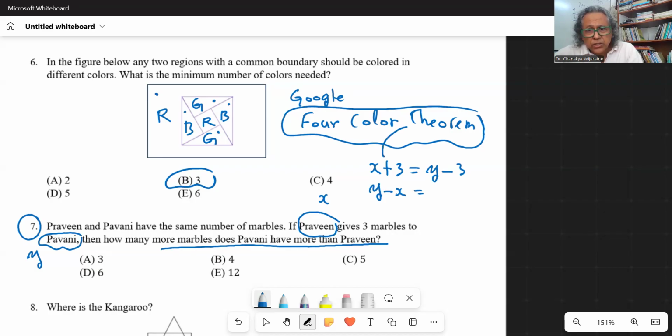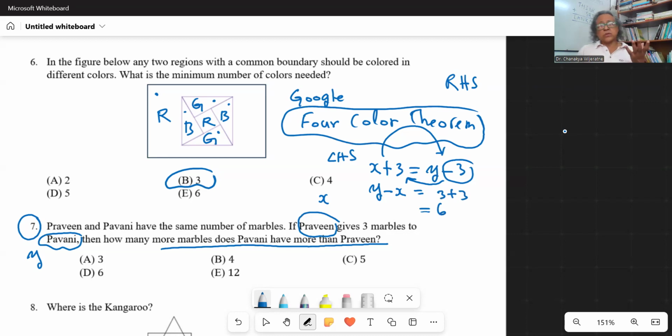So we bring x to the right-hand side, right? And then we bring this -3 to the left-hand side. So then what is y minus x? It is actually 3 plus 3, which is 6.